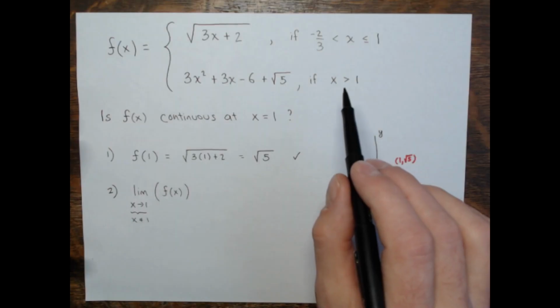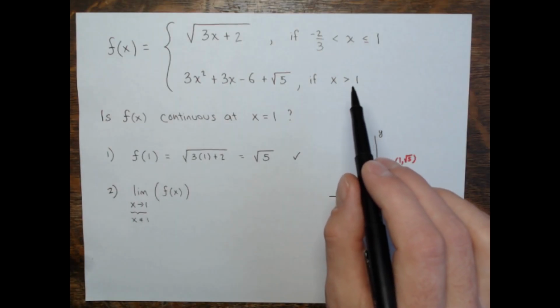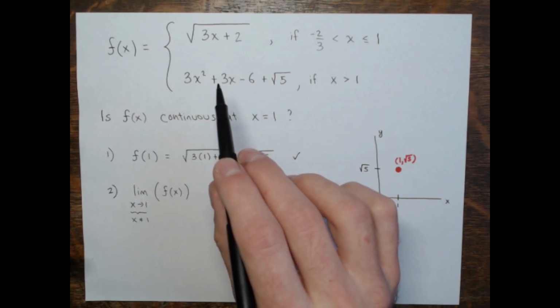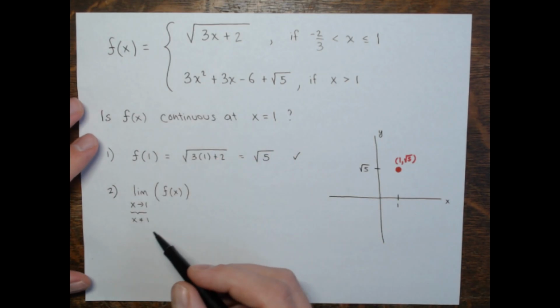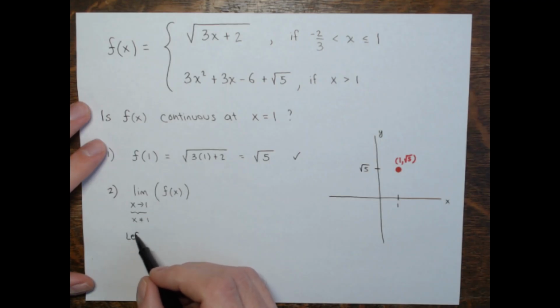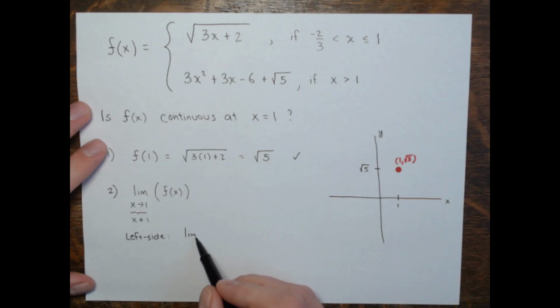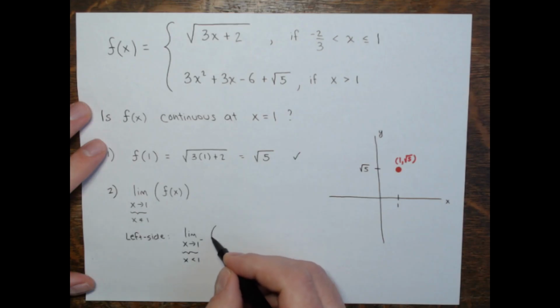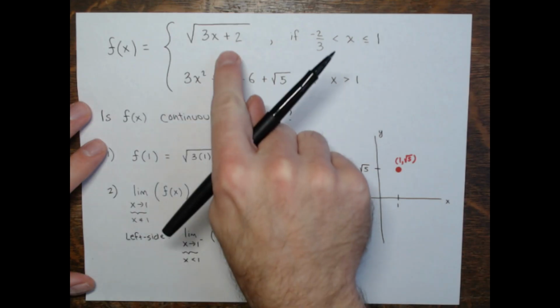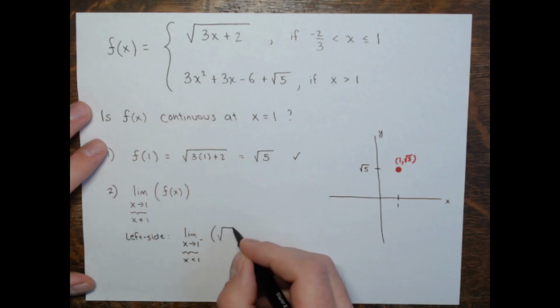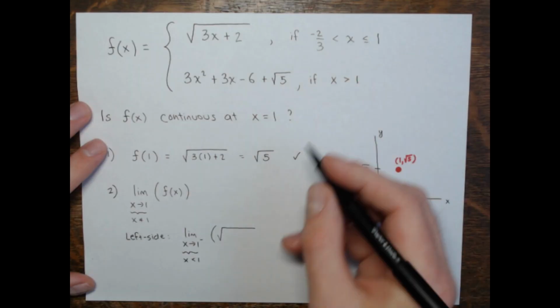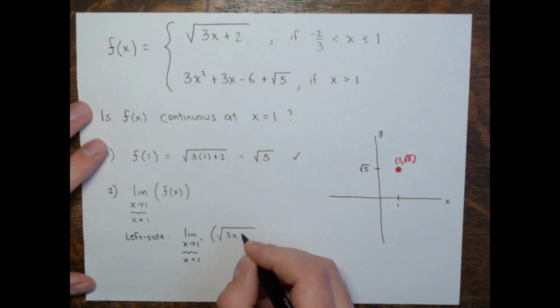But if we plug in values to the right of 1, greater than 1, we have to go into this bottom expression. So I'm going to look at the left side and right side limits separately and see that hopefully they are equal. On the left side, we have the limit as x approaches 1 from the left. Again, this means I'm plugging in values of x less than 1. And so my function has an output of this expression, the one where x is less than 1 up here: the square root of 3x plus 2.